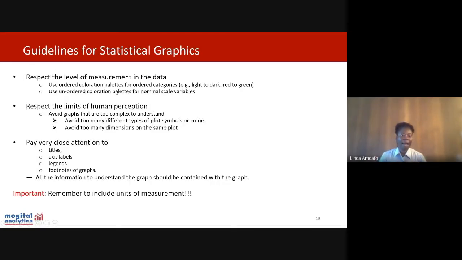And then some other guidelines that I want to leave you with, as we're getting very close to the end, is that we want to respect the level of measurement in the data. If we have an ordered categorical variable, we should use ordered colorization palettes.